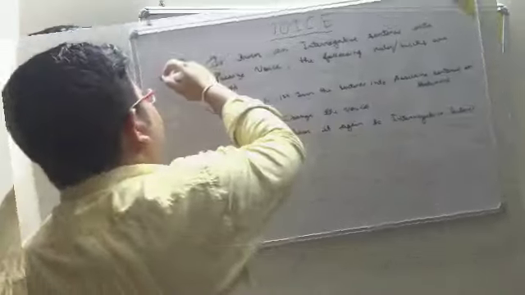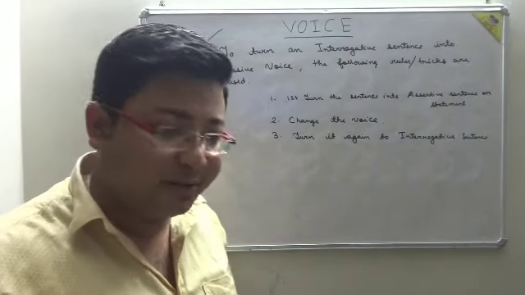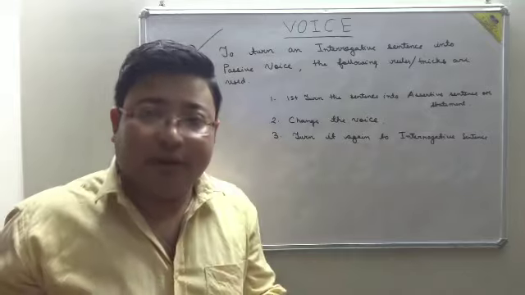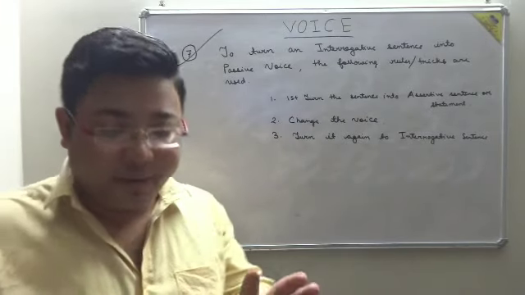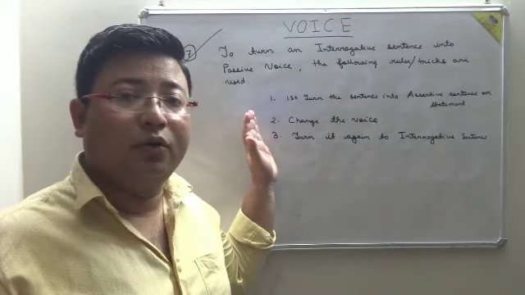Now the seventh rule for converting active voice into passive voice. To turn an interrogative sentence into passive voice, we will follow these three rules.